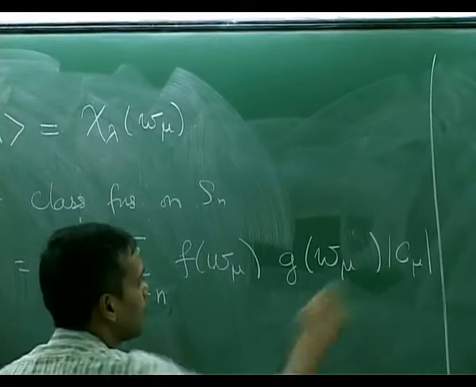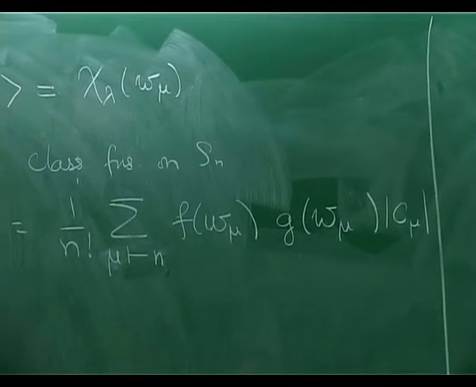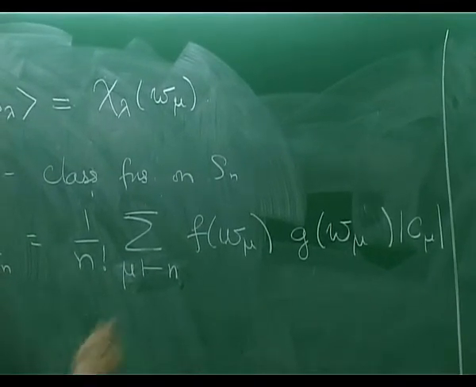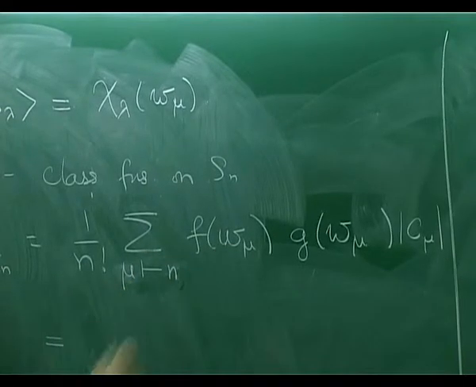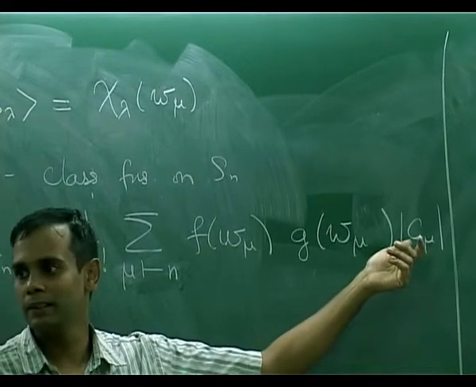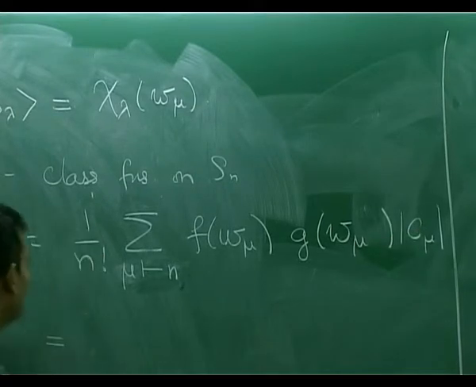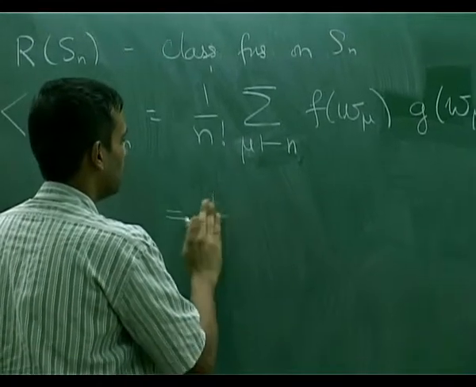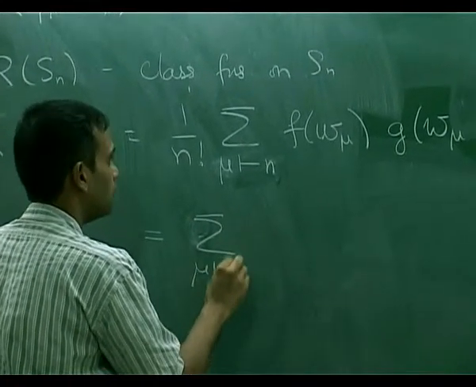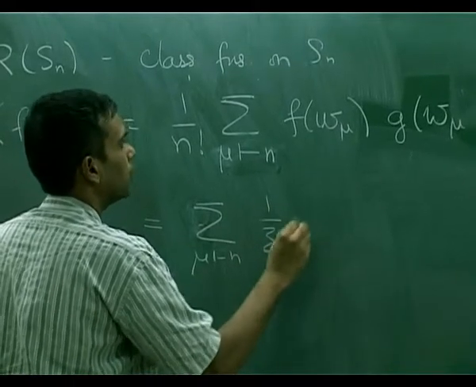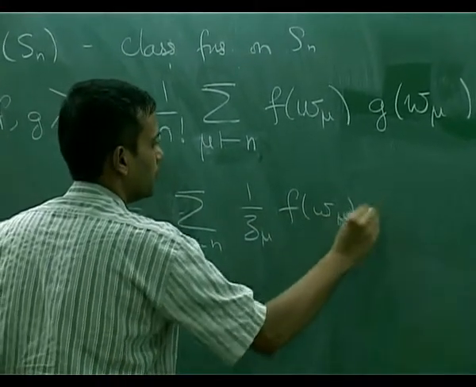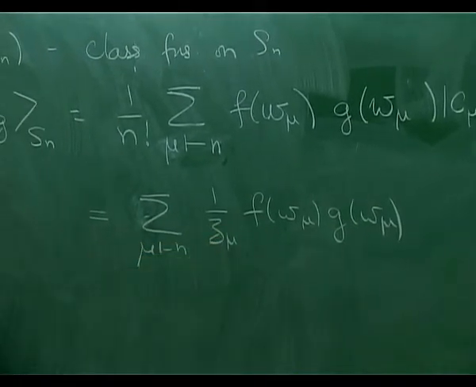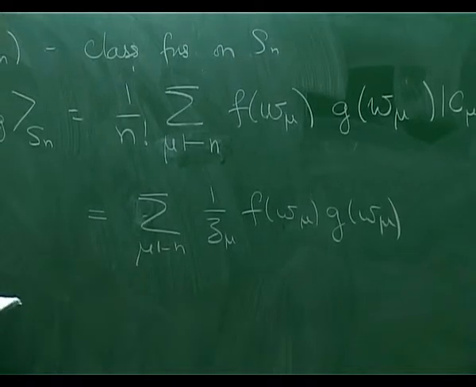So this just denotes the cardinality of the conjugacy class mu, and that actually has a nice expression, because this is n factorial divided by the centralizer of an element of cycle type mu, and so you can write this as 1 over z_mu. This is the cardinality of the centralizer of an element with cycle decomposition mu.